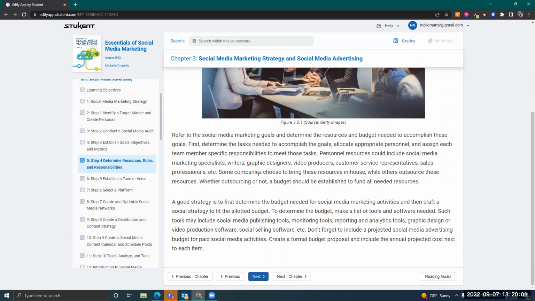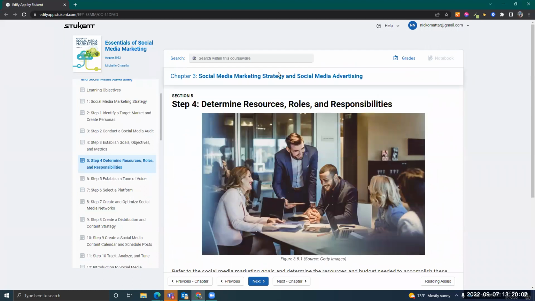I don't think they go into enough detail to warrant me digging into all of these things, because resources, roles, and responsibilities gets into a much bigger discussion of hiring people, the roles of interns, coordinators, higher ups, people responding on social media, providing content. That's a whole world in itself and not something I'm going to get into today.